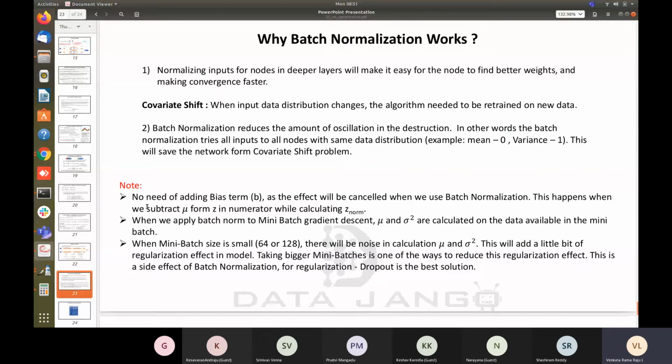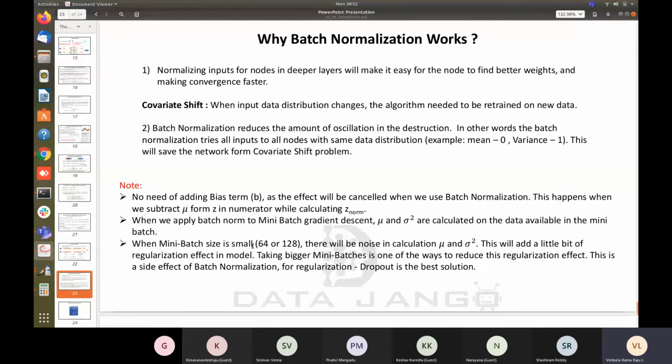When we apply batch normalization with mini batch gradient, mu and sigma are calculated on data available in mini batches. When the mini batch size is small, there will be noise in the calculation. When the mini batch size is small, mu and sigma are not going to be universally accepted. They're going to be oscillating a little bit. This oscillation actually adds a little bit of regularization.